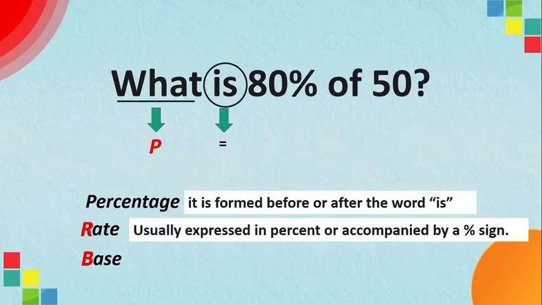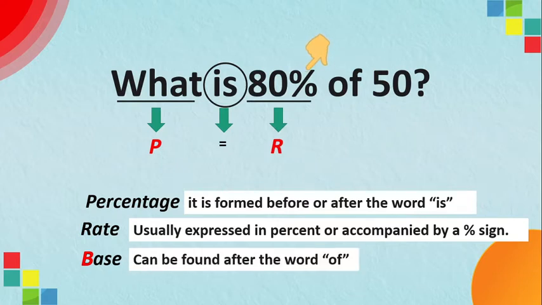Rate can be expressed in percent or accompanied by a percent sign. Therefore, 80% with a percent sign can be named as rate. And base can be found after the word "of". So 50 is found after the word "of", and "of" can be expressed as a multiplication sign. And 50 will be identified as base.